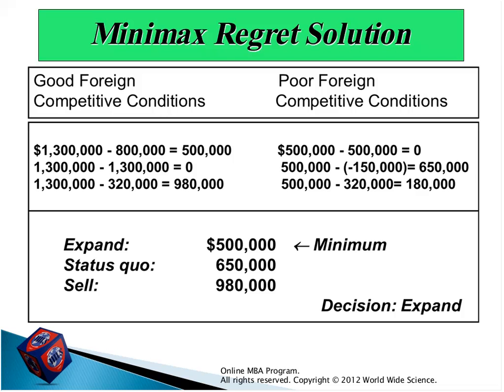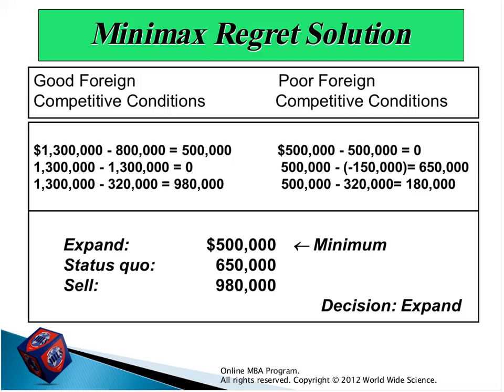We do exactly the same for poor funding competitive conditions. When you see the result for poor funding competitive condition in the last slide, I think the last 3 slides, the maximum number for poor funding competitive condition was 500,000 US dollar.